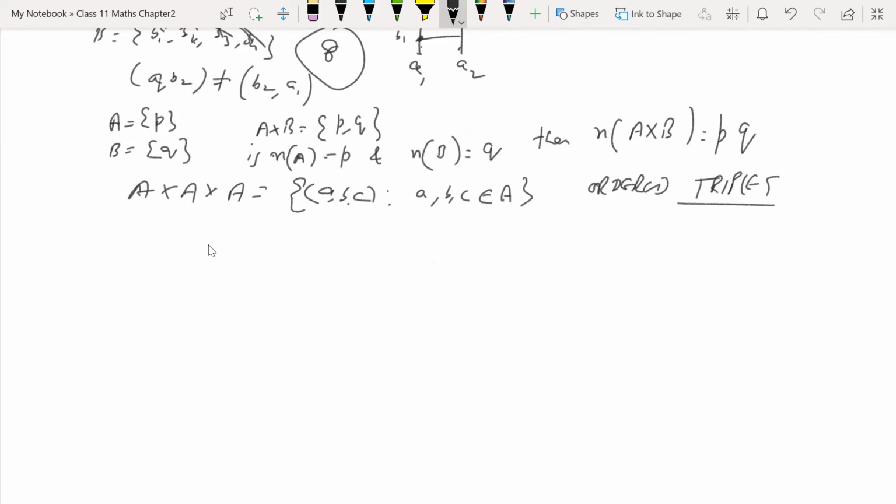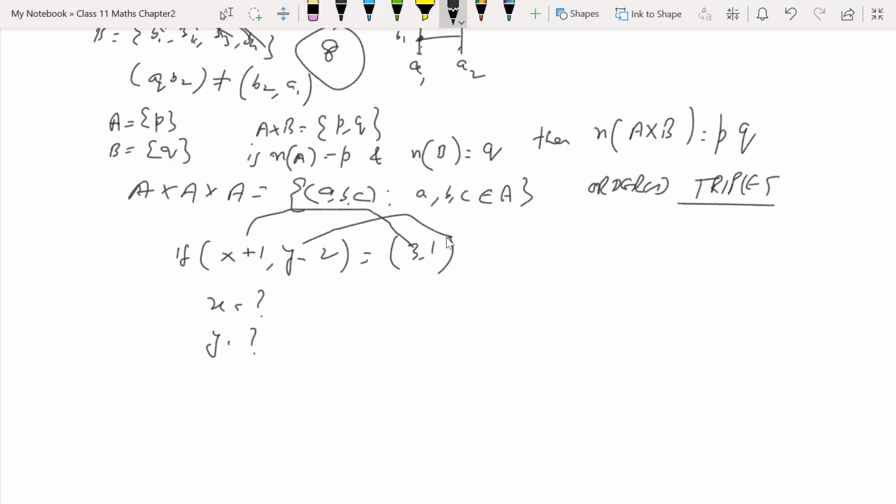Example 1 states that if (x plus 1, y minus 2) is equal to (3, 1), then find the value of x and y. What is x? What is y? As we know, in the relation, the first element belongs to the first, and y belongs to y.